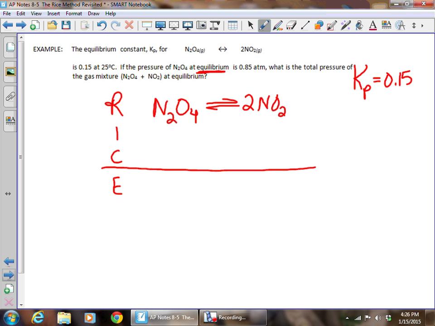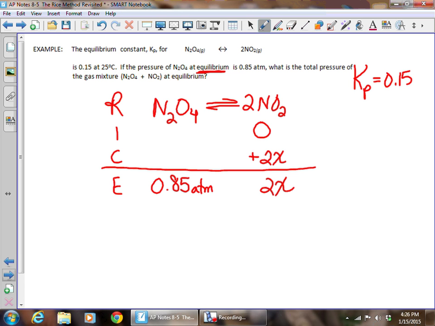It said it was at equilibrium, so this is what we've got, 0.85 atmospheres. So we know what the equilibrium value is for N2O4. We know we started out with 0 of this, and we know that it's going to increase by 2x, so we know this is going to be 2x.